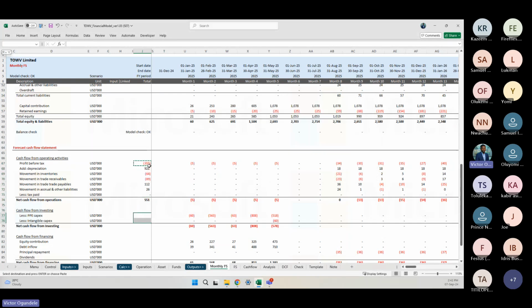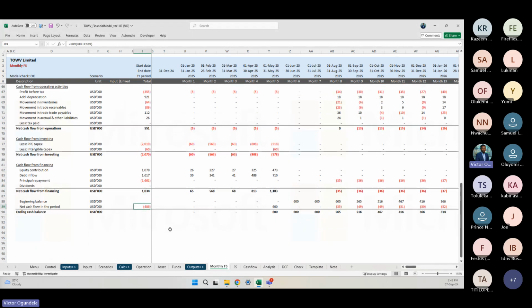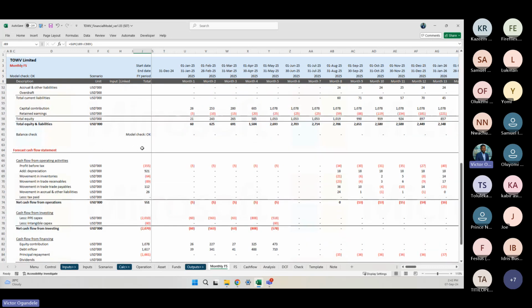As I said, you don't need total for your balance sheet. And for the cash flow, you don't need the beginning balance, just only the change. So just try to be consistent. Keep your format.